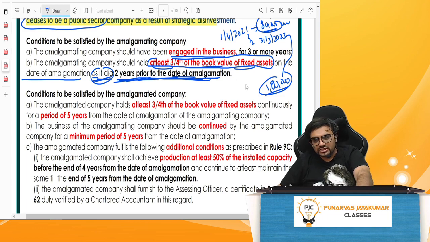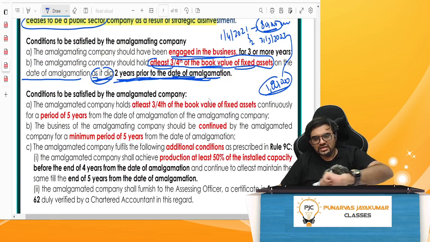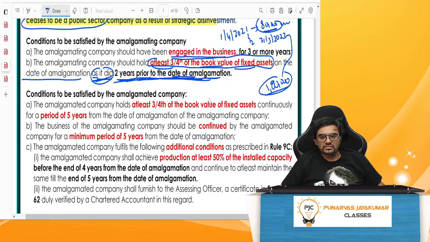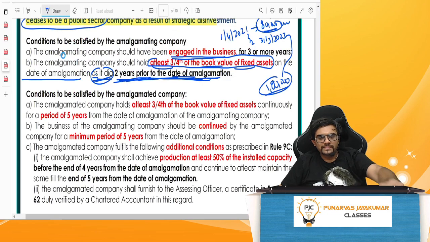This is the date of amalgamation. Is it representing 3/4 of the assets? Yes, it is. In fact, if you see here, BCDE, full 100%, 115 it is, because A is not even there if you think about it. That is what you need to see. Got it, guys? Hope you understood this. I repeat, book value as on 2020 is of no relevance, because what has to be seen is what?